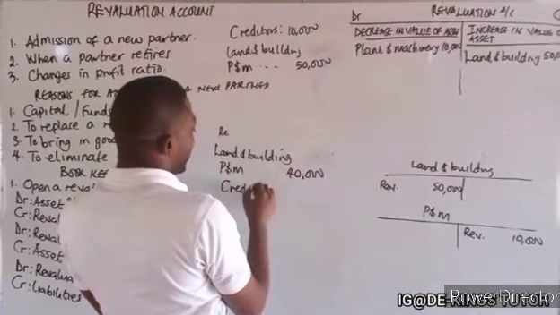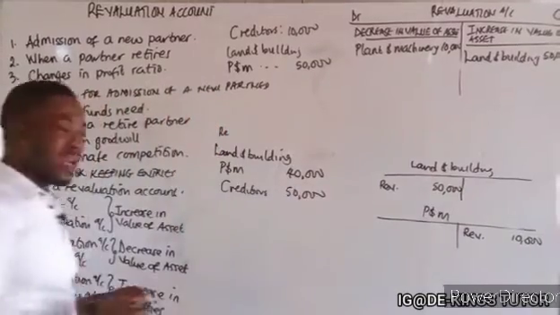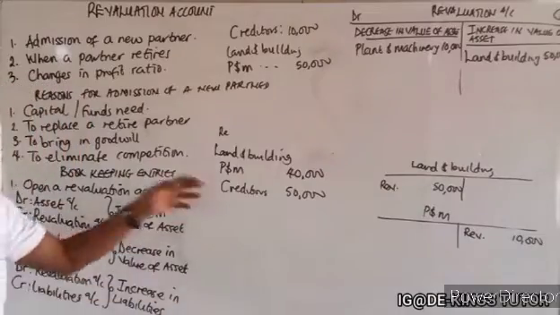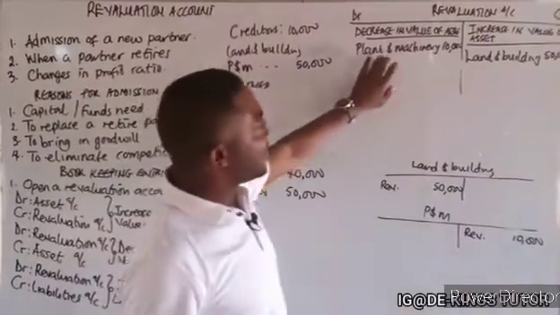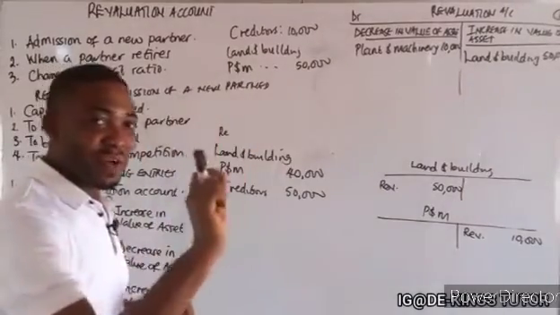So the recent creditors now is 50,000. Okay, this is an increase in the what? In the value of what? The liability. So when this happens, you debit it, the revaluation account. That's what it's stating. Debit revaluation account and you credit liability account when there's increase in the value of liability.